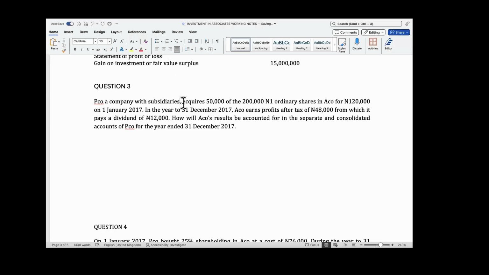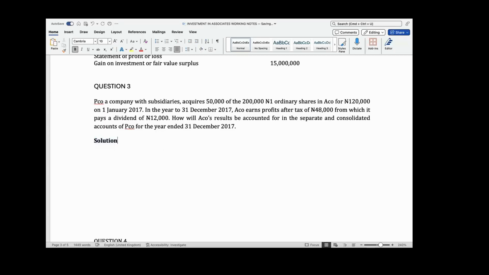In the year to 31st December 2017, ECO earns profit after tax of 48,000, from which it pays a dividend of 12,000. How will ECO's results be accounted for in the separate and consolidated accounts of PICO for the year ended 31st December 2017? Okay, this one wants us to do the two.